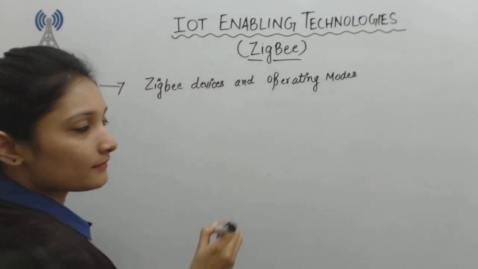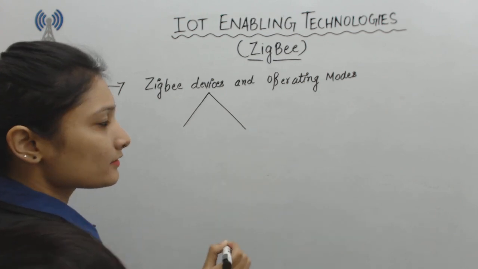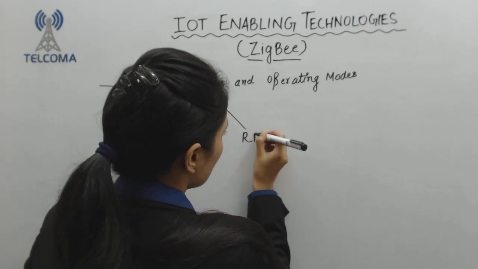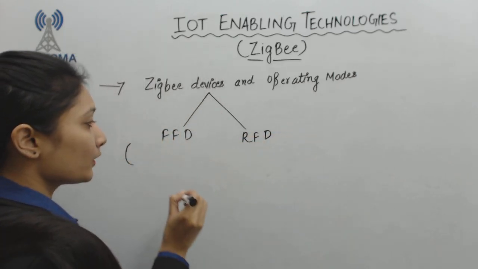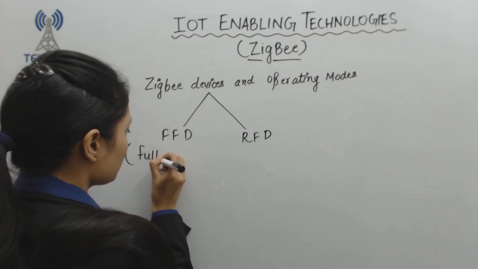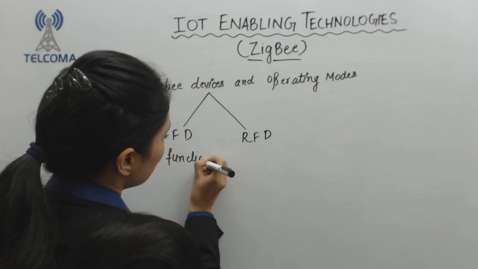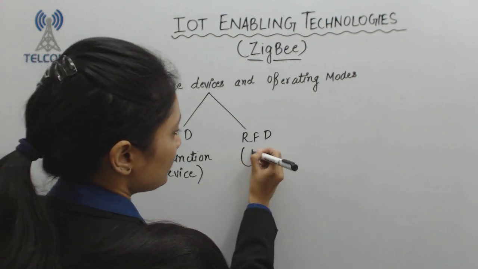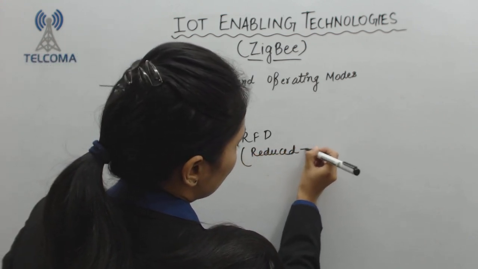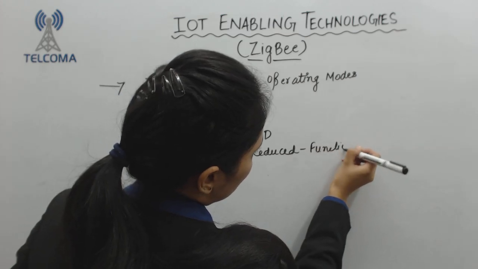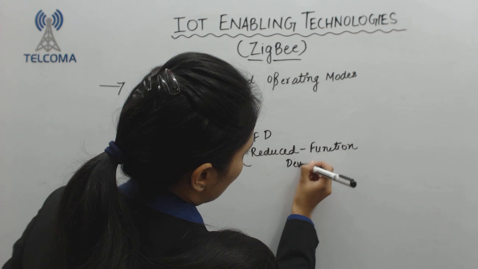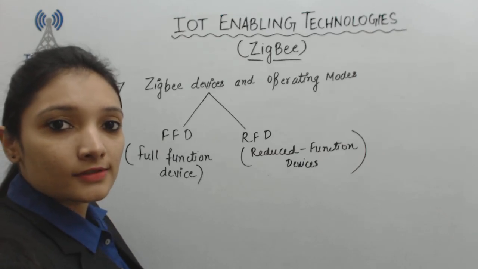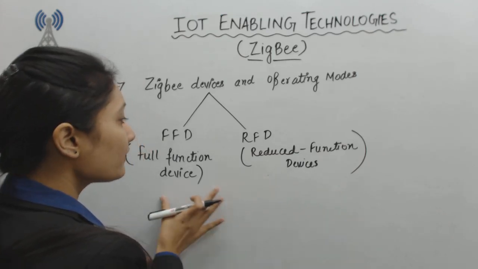So first of all, for your Zigbee devices, it has two types, FFD and RFD, where your FFD refers to full function device, and this is your reduced function device. So we know there will be a number of devices here in the Zigbee network. So there will be some reduced function devices and full function devices.